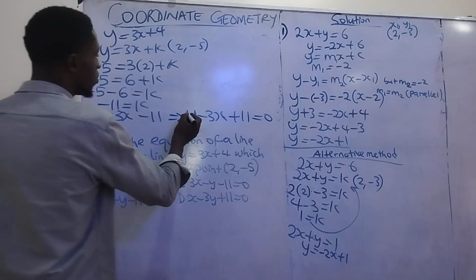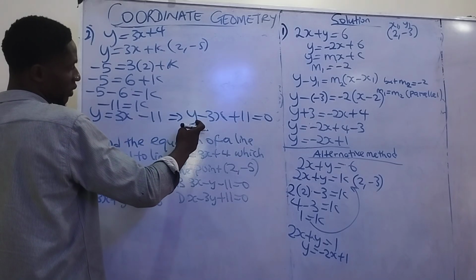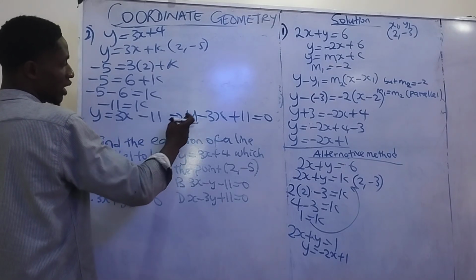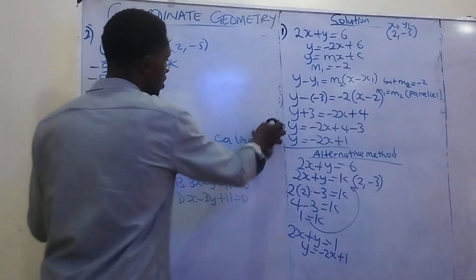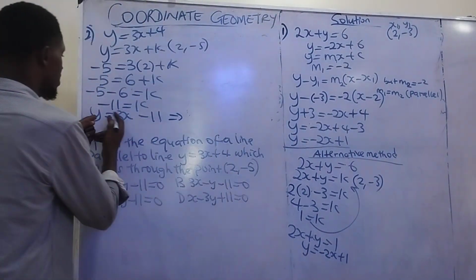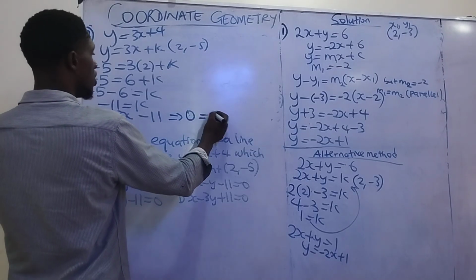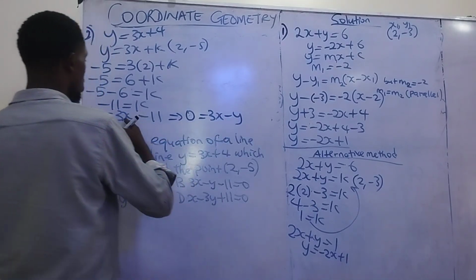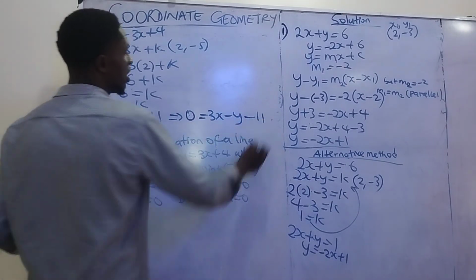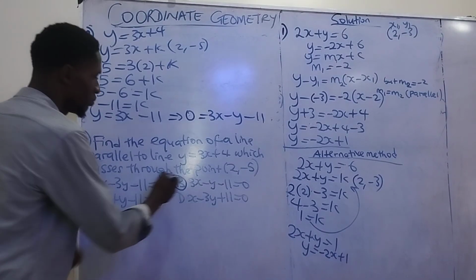Or let me just use this method so that you can understand what I'm trying to say. Let's take this y to this side. So 0 is left here, equal to 3x. When plus y goes over, minus y. Then there's still minus 11 at the right hand side. So 3x minus y minus 11, option B.